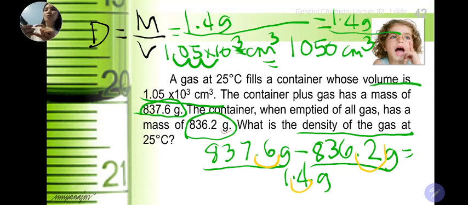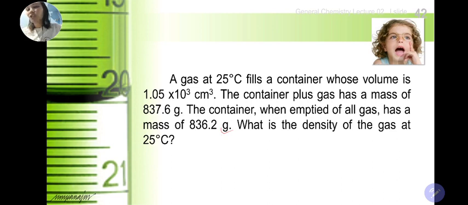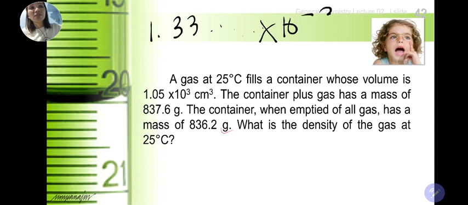So sa calculator nyo, 1.4 divided by 1050 equals, the answer in my calculator is 1.33333 times 10 to the negative 3.